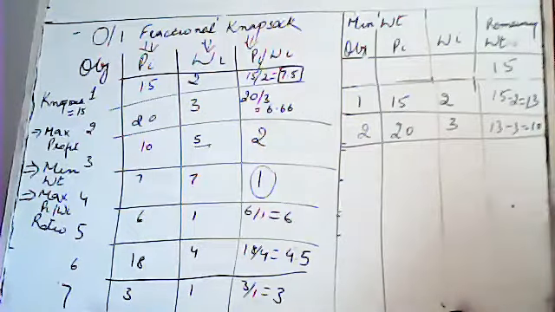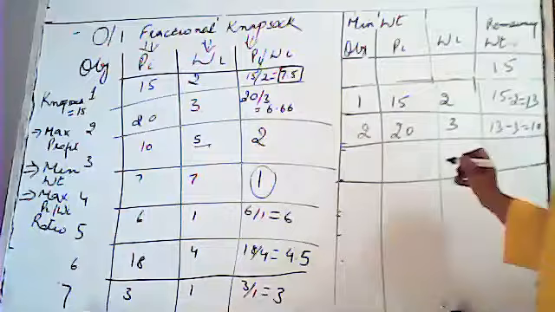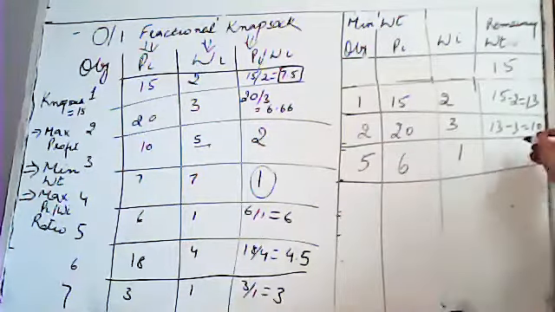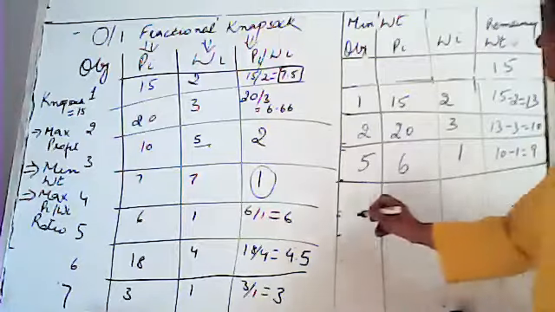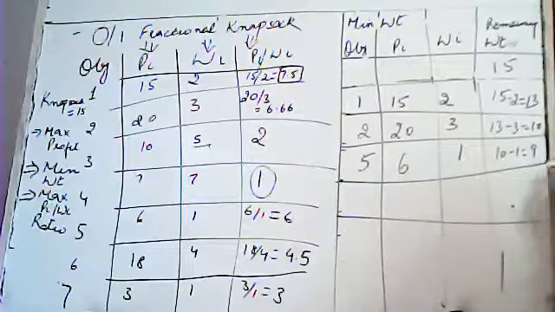Then the fifth object, 6, 1, then 10 minus 1 is 9. Next object, tell me. Sixth.